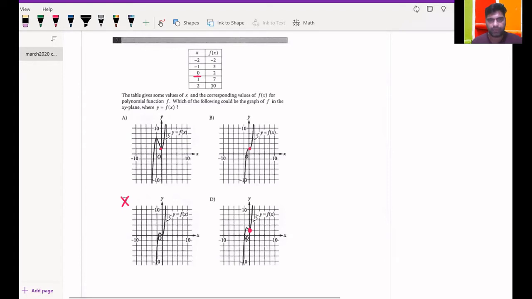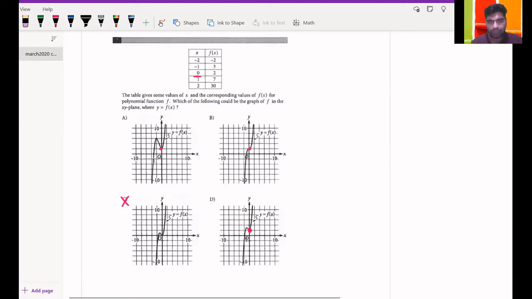For 1, I must get a 7. So if x is 1 here, I cannot actually find the value of 1 here. So instead of 1, I'll get 2. 2 doesn't work as well. For negative 2, I should get negative 2. So that's important. So this is negative 2.